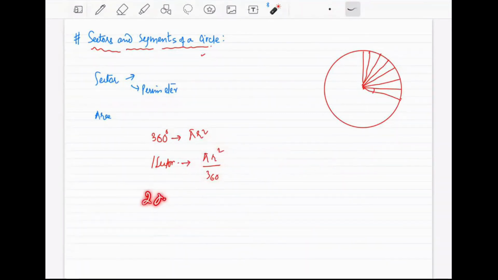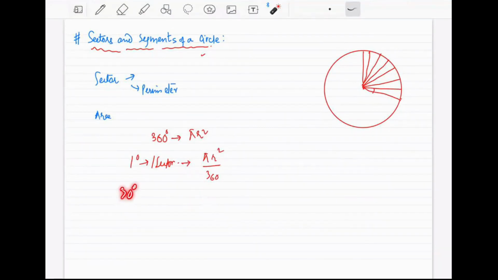If there are 2 degrees, then how many sectors will there be? There will be two small sectors having 1 degree each. If 1 degree forms one sector, then the area is pi r square by 360. If I take 2 degrees, then we will have two small sectors, so we multiply by 2 the pi r square by 360.